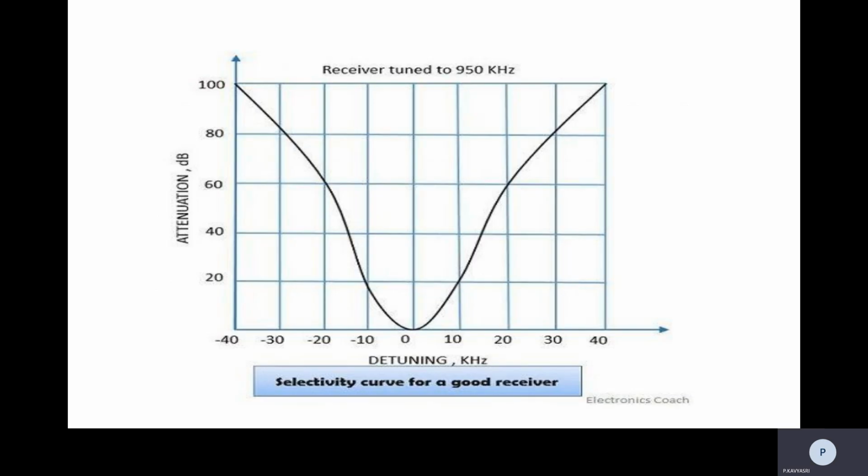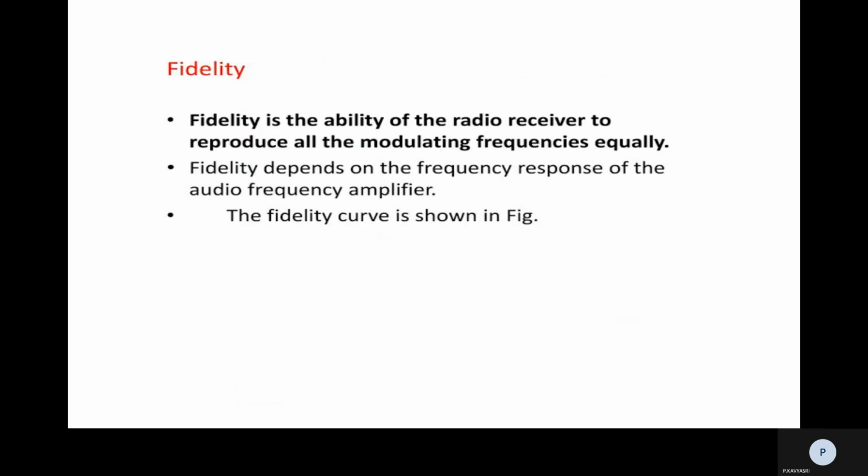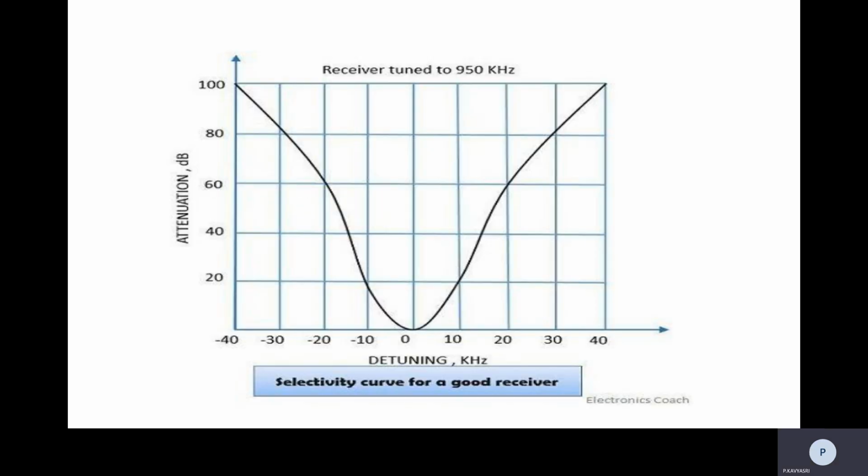This is the selectivity curve for a good receiver. In the graph you can see the word attenuation. Attenuation means the weakening of a signal, the loss of signal strength. It is the opposite of amplification, which means increasing the signal strength.